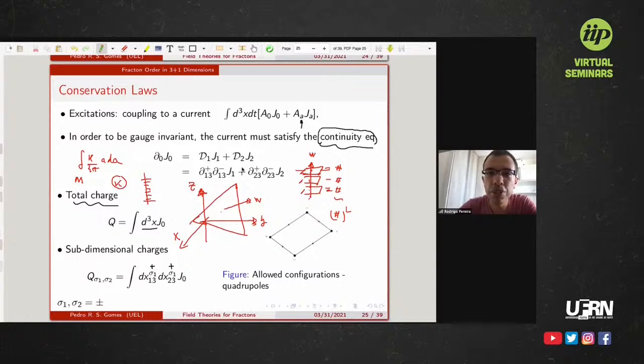So I was just wondering, in the field theory, if you thought about how this could come about, and if you could use the field theory to study universality classes of phase transitions that have some kind of fracton phase on one side. Fracton phase on what? One side of the transition.